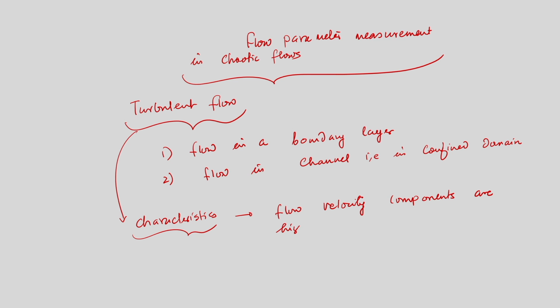are highly erratic. The flow velocity is not uniform in the domain; it is highly erratic, and since the flow velocity is highly erratic, the velocity components exhibit a random character.